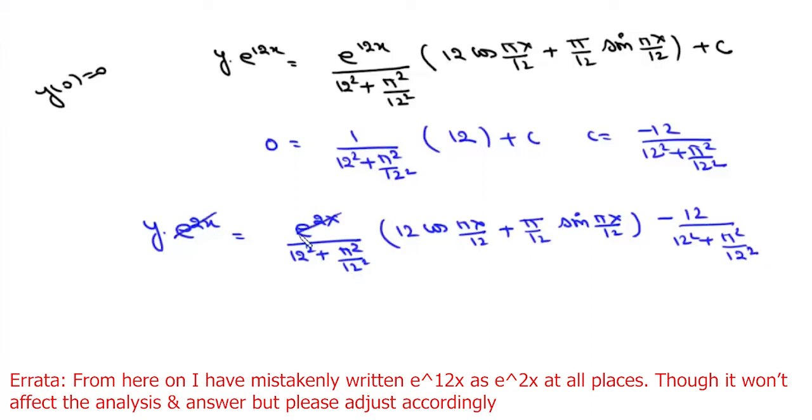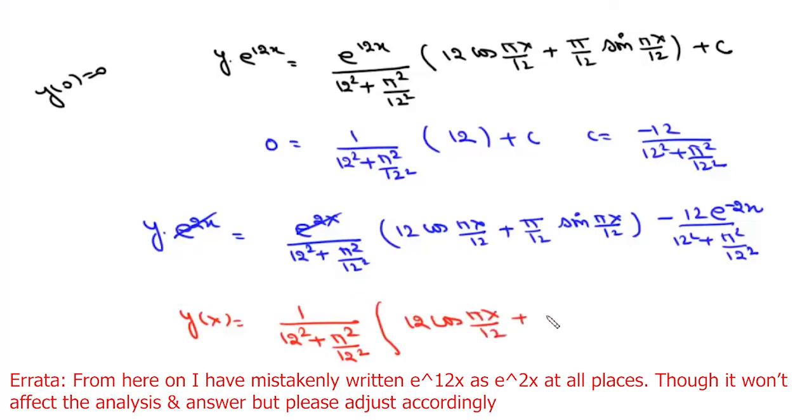Now we'll divide everything by e to the power 12x, so here we get e to the power minus 12x. So our function y(x) will be 1 upon 12 square plus pi square by 12 square into 12 cos(pi x by 12) plus pi by 12 sin(pi x by 12), and then minus 12 into e to the power of minus 12x. So that's our function y.